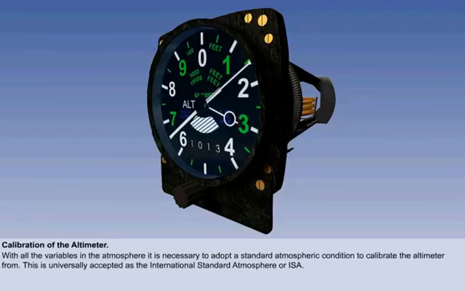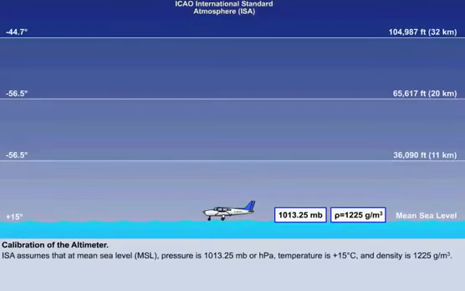The atmospheric condition universally adopted as standard is known as the International Standard Atmosphere, or ISA. ISA conditions assume the following. Firstly, that mean sea level pressure is 1013.25 millibars or hectopascals, and the temperature is plus 15 degrees Celsius, while the air density is 1,225 grams per cubic meter.